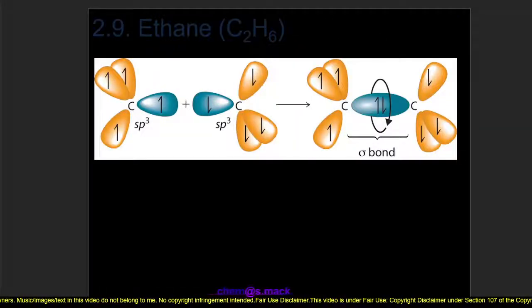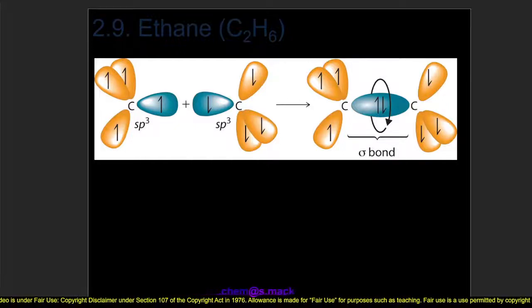If we look at this diagram, which shows us the atomic orbitals, or I should say sigma bonds, around each carbon atom, I'm looking at the hybrid orbitals around each carbon, where we see 3 orange looking hybrid orbitals around carbon.